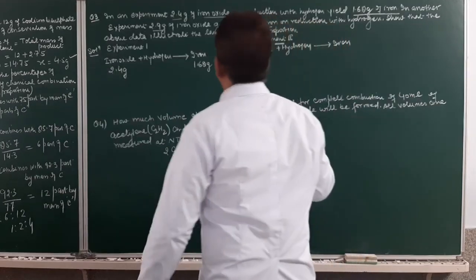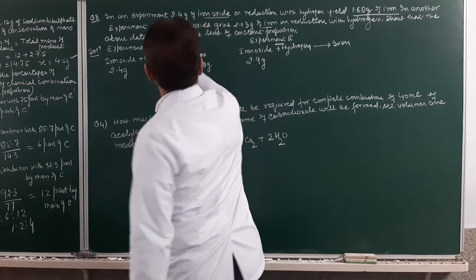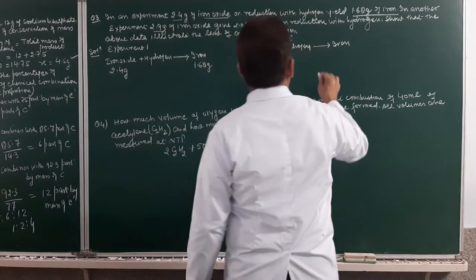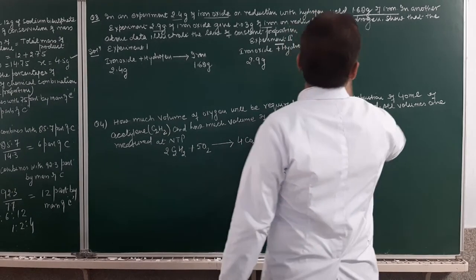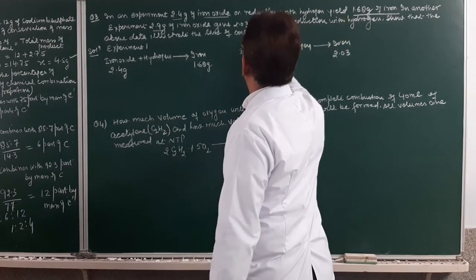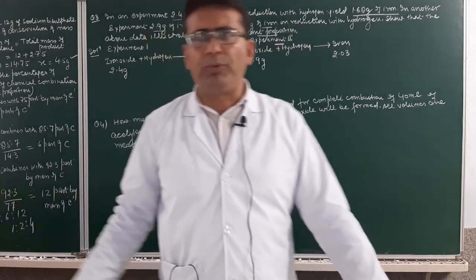What is the mass of iron oxide given over here? 2.9 gram. And what mass of iron is obtained on reduction with hydrogen? 2.03 gram. The question is, show that these data illustrate the law of constant proportion. What is the law of constant proportion?